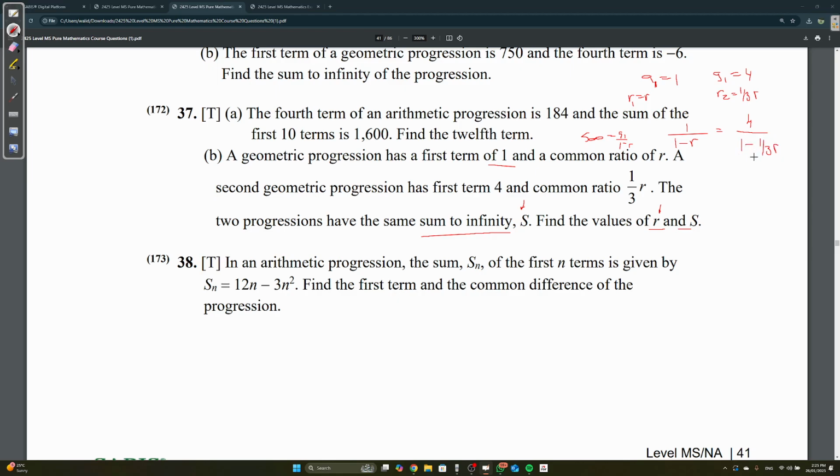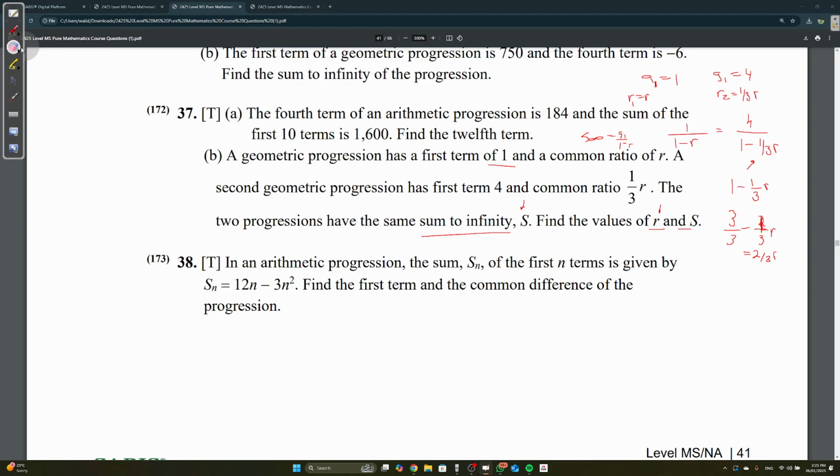Okay, I'm going to simplify this. 1 minus 1 over 3r, I'm going to multiply by 3 up and down. You're going to get 3 over 3 minus 1 over 3r, so 2 over 3r. Why am I doing this?